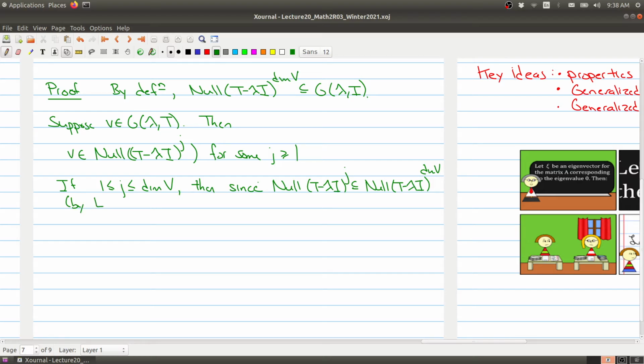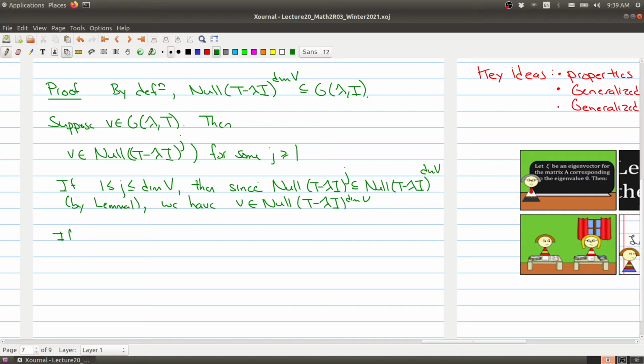By lemma 1, we have v is in the null space of (T minus lambda I)^dim V. Okay, so that part's good.